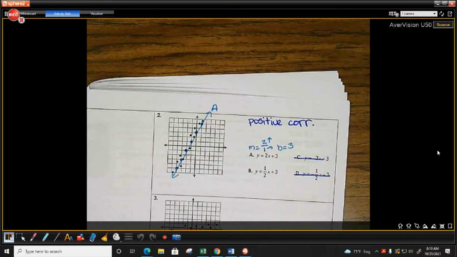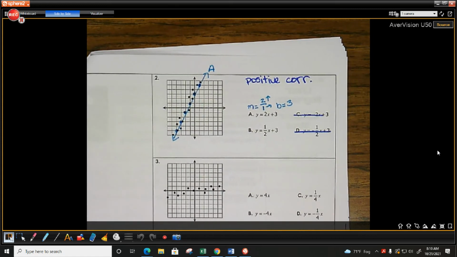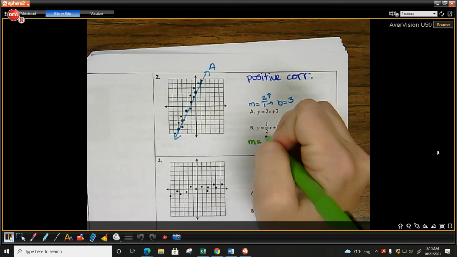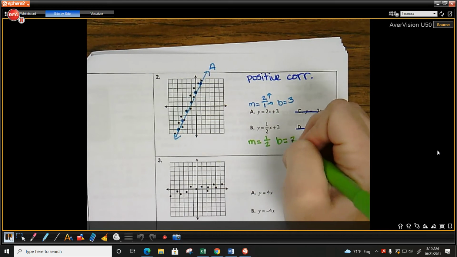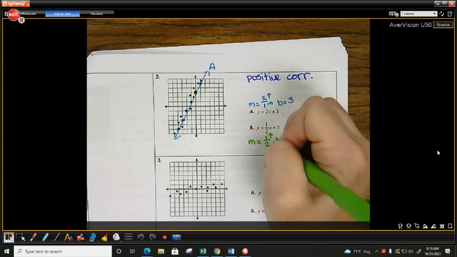Okay, what's my slope for B? Very good, 1/2. What's my y-intercept for B? So I'm going to begin at 3, and how am I going to move? Up 1, right 2. Or down 1, left 2.